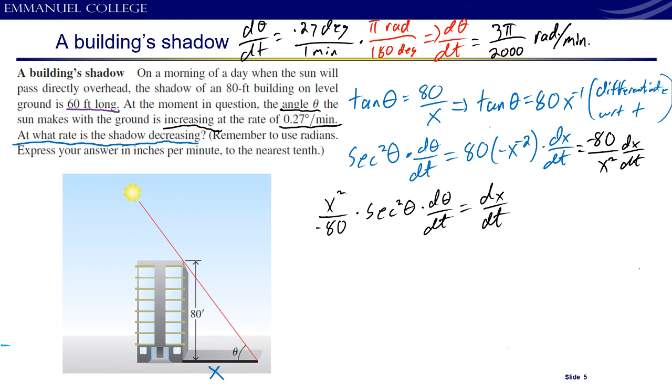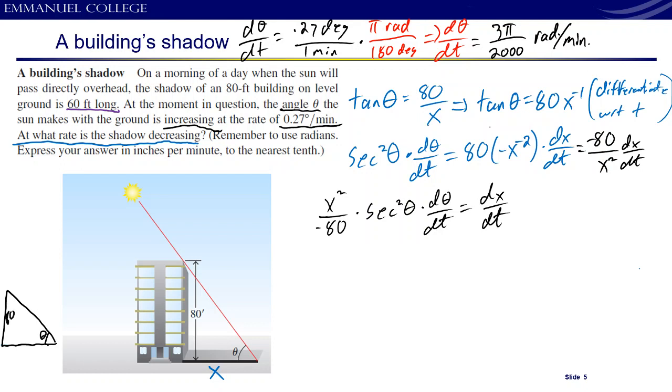But the problem is this secant squared theta. What is the secant squared? Or not even just what is secant squared, what's secant? I'm not given an angle, so I can't find it. But what we can do is use that information again that the shadow is 60 feet long. So if I do that over here, and I make this, so here's theta.